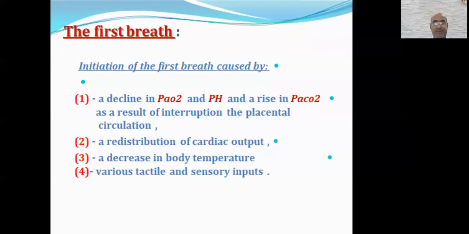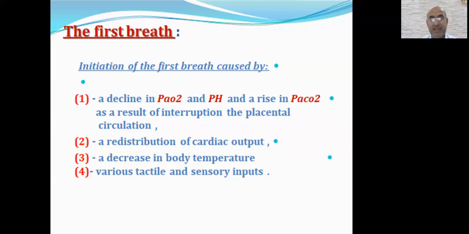The first breath. Here we can ask why the newborn takes the first breath immediately after birth. We have many causes that make the neonate take a breath that should be spontaneous and active immediately after complete birth.